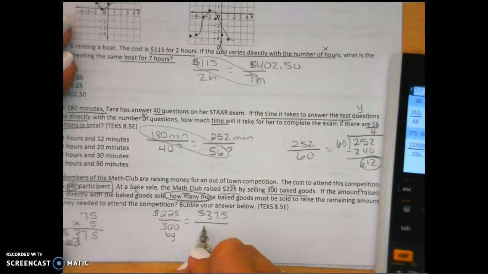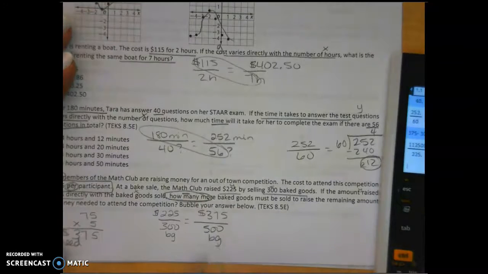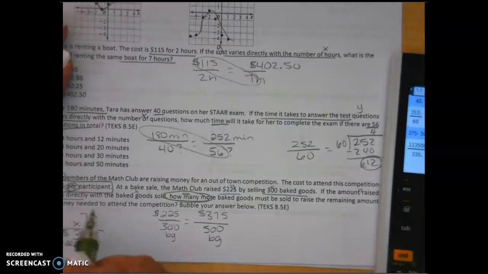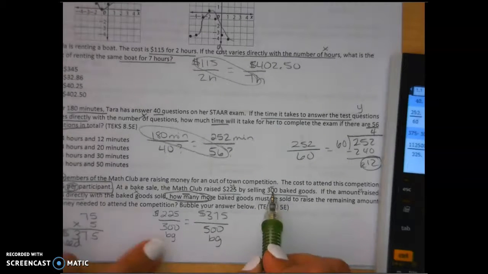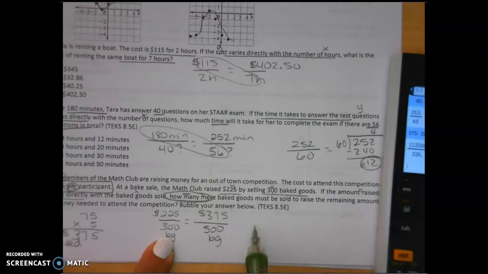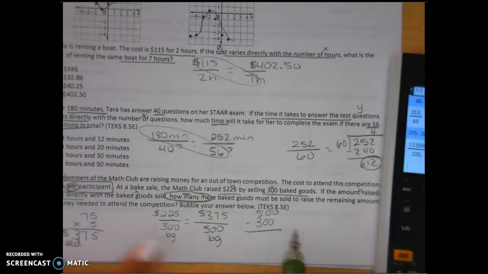So we need to sell 500 baked goods, but that is not our answer because we've already sold 300. So now we have to subtract 500 baked goods minus 300 baked goods means we need to sell 200 more.